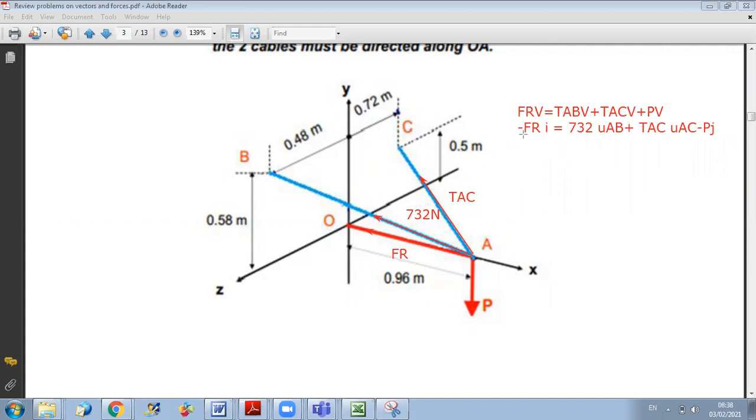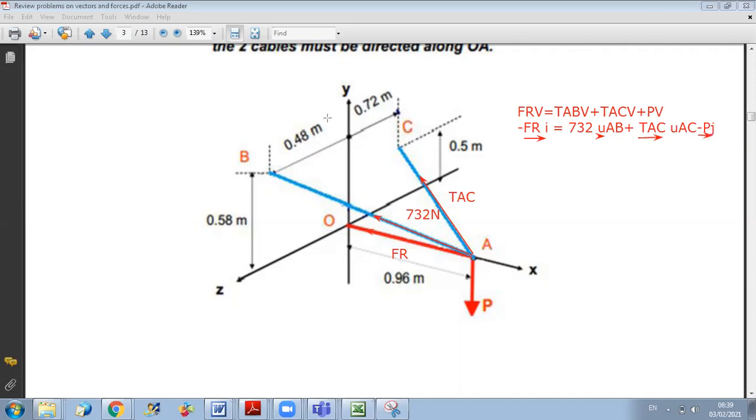Why? Because you know that in 3D, this vectorial equation will give me three equations by comparison along i, along j, and along k. So let us do together the work in detail. So I have three unknowns, FR, TAC, and P, and I want to calculate these three unknowns.